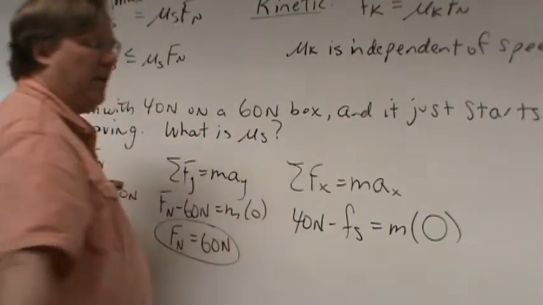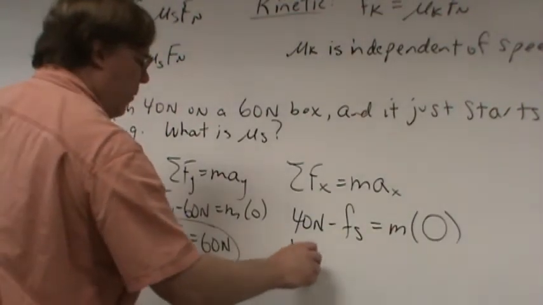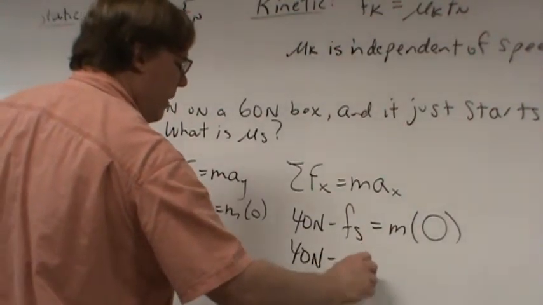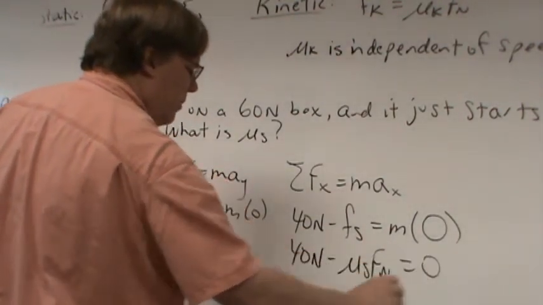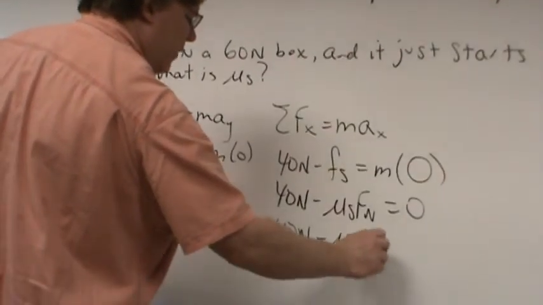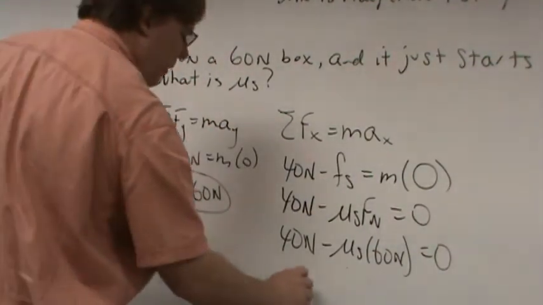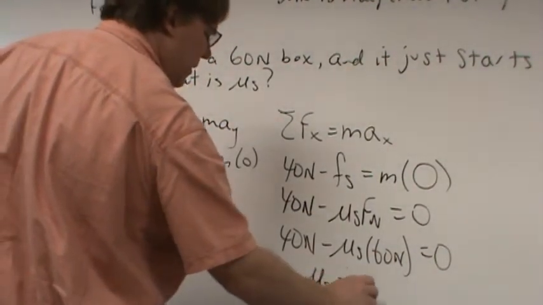So I got 40 newtons minus mu sub s F sub N equals 0, or 40 newtons minus mu sub s times 60 newtons, which is my F sub N. And so I end up with mu sub s equaling 0.67.